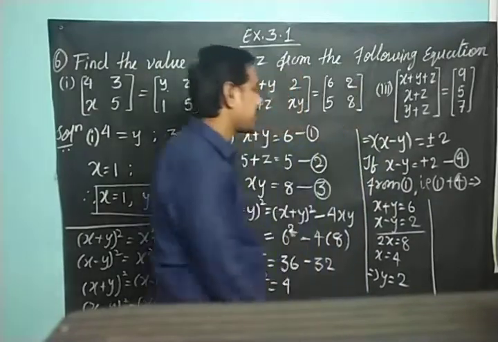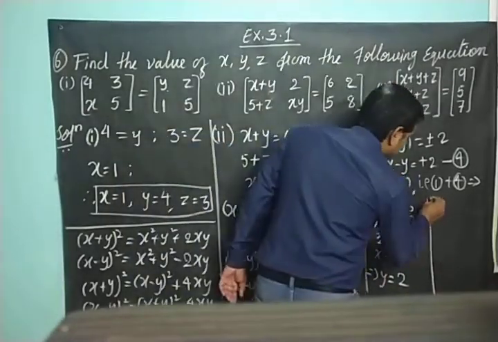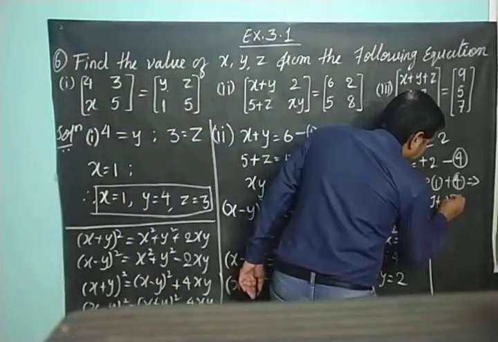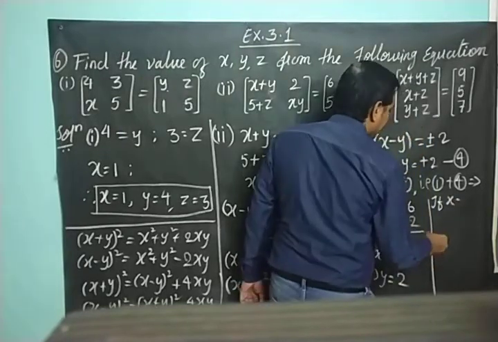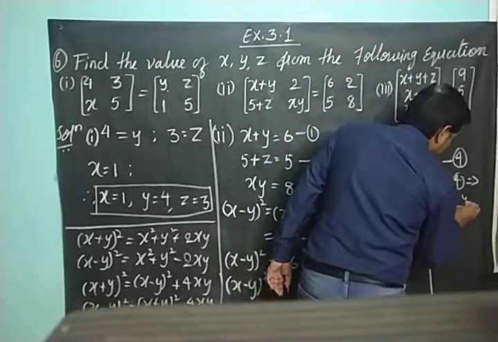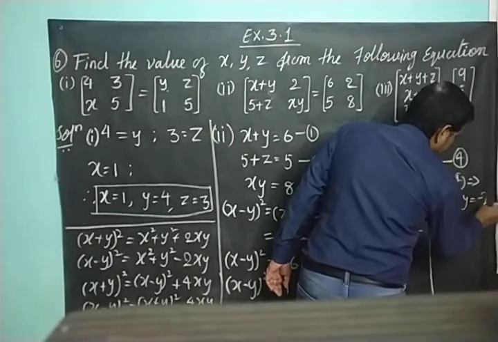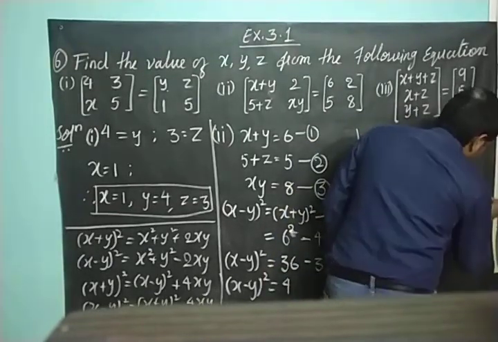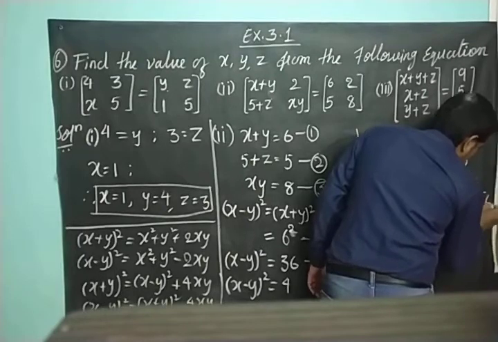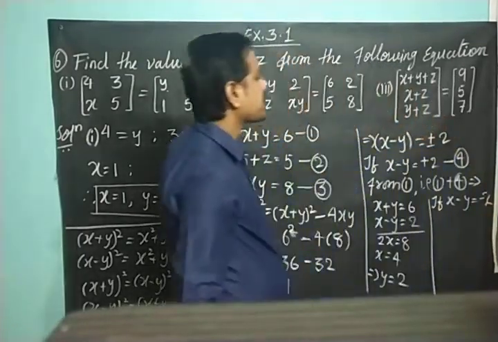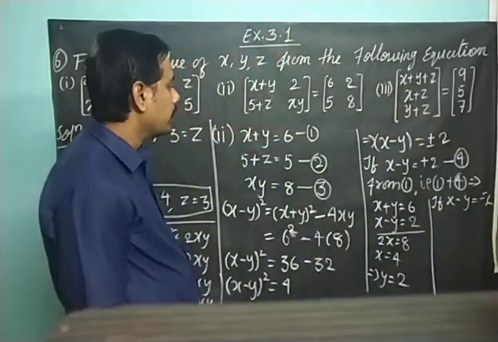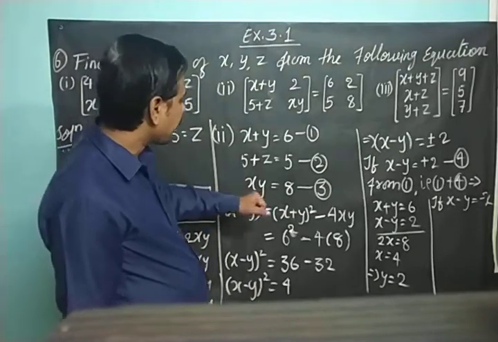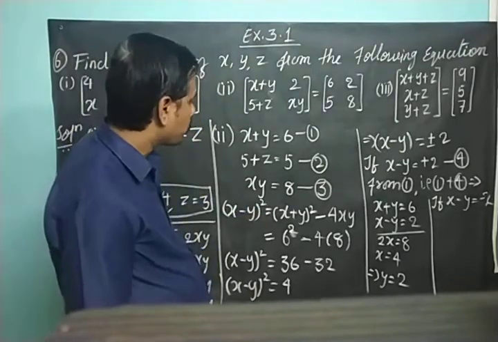In the similar case, if x minus y is equal to minus 2, then what will I get? X minus y is minus 2.